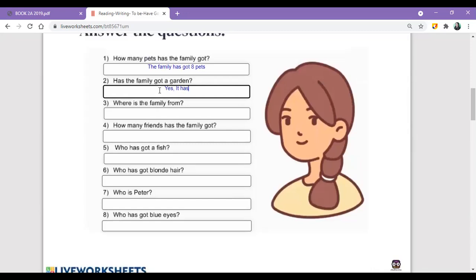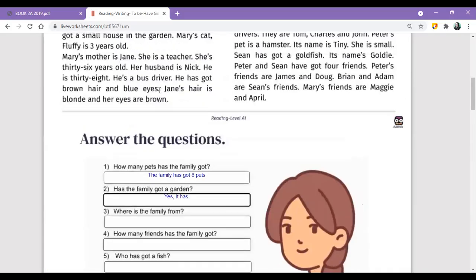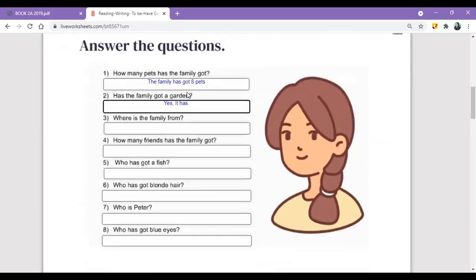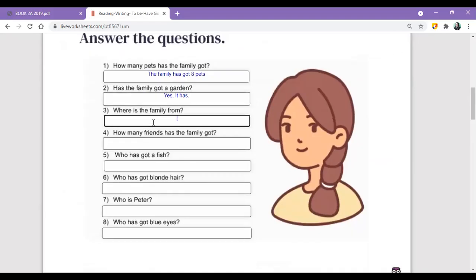Yes, it has. Okay. Number 3, where is the family from? I don't remember. Okay, let's check it out. Mary is 10 years old and she's from Dorset. Okay, where is the family from? The family is from Dorset. Great.